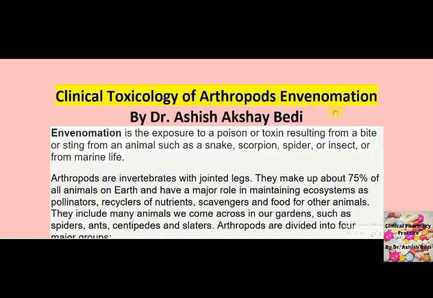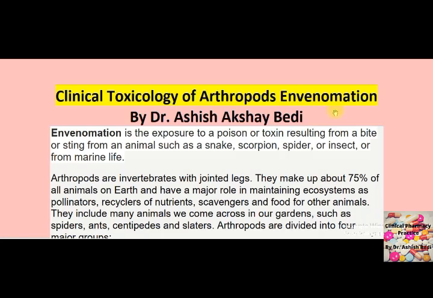It means exposure to a poison resulting from a bite of an animal. Like you usually hear of snake poisoning. We usually say snake poisoning, but actually it is an envenomation.